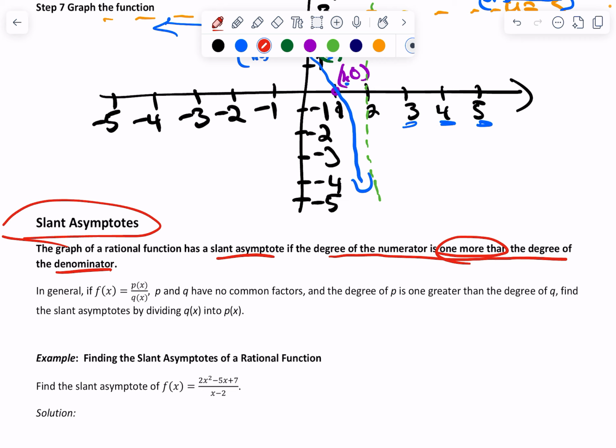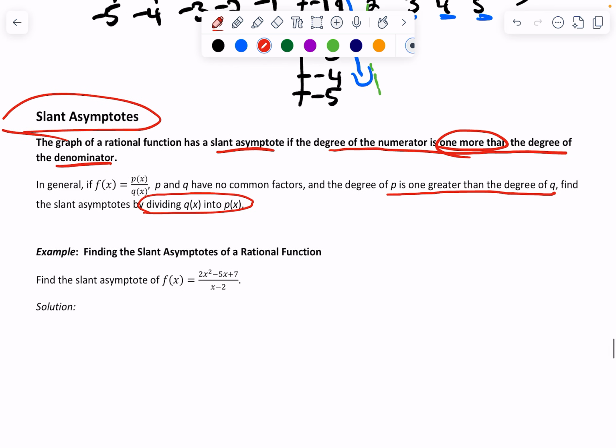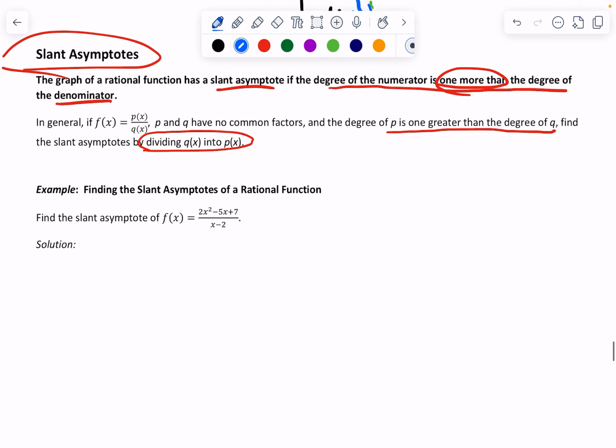In general, if f of x equals p of x over q of x, p and q have no common factors, and the degree of p is 1 greater than the degree of q, find the slant asymptote by dividing q of x into p of x.